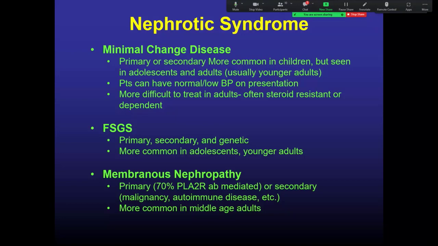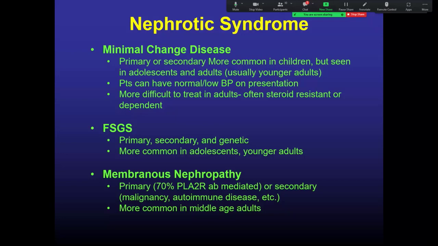I have patients that came from pediatrics, so they were diagnosed as children or adolescents and became adult patients. I've also had patients that were diagnosed as adults, primarily in young adulthood, but occasionally you have these outliers. Patients don't always read the book, so we have to have an open mind when assessing a patient.